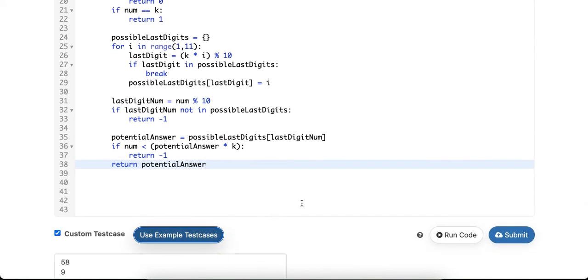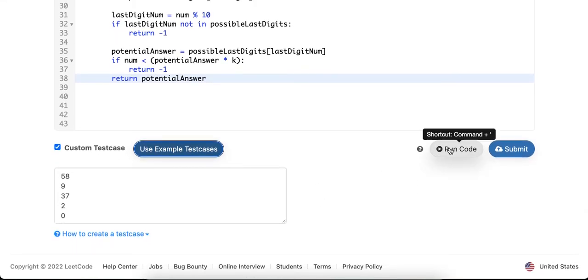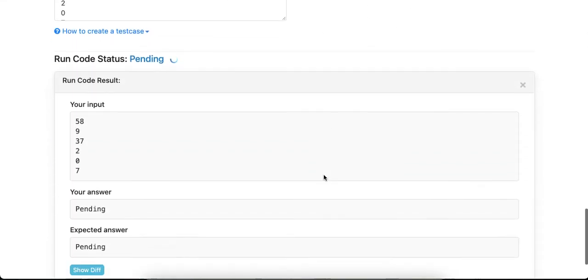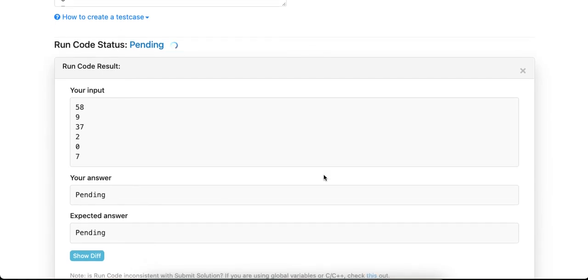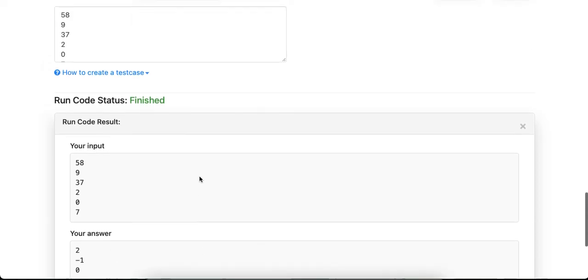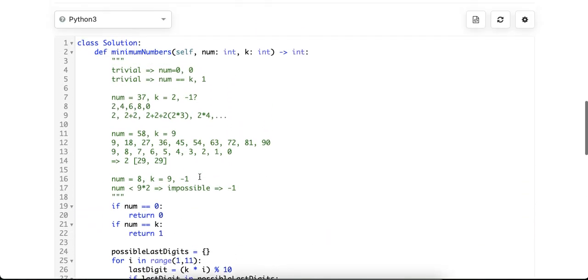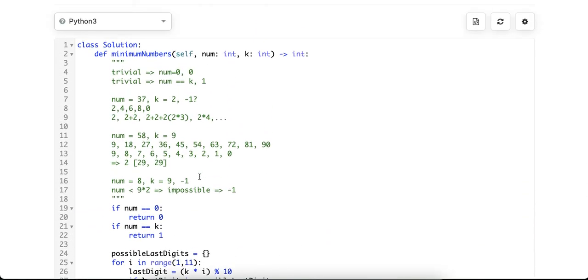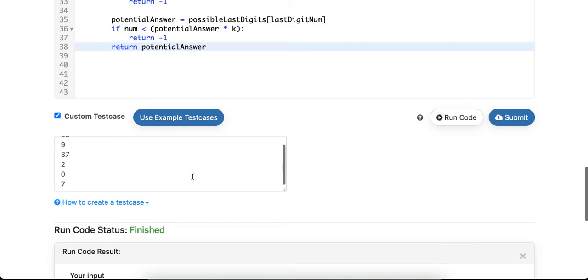Let's try. Okay, it's showing answer 2 and then it's correct. Let's try 8, 9, whether it's showing -1.